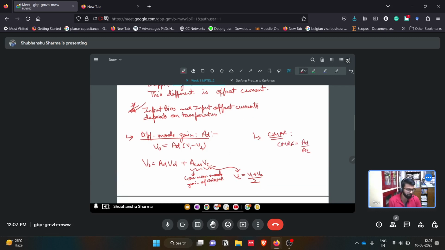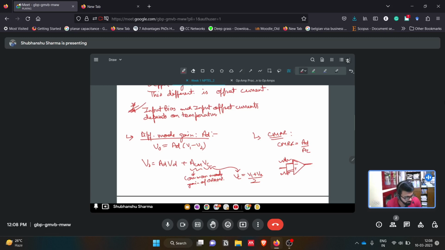So whenever we give some single-ended input to the op amp and want to amplify the difference of the input voltages, then AD, the differential gain, comes into the picture. But normally the noise in the op amp is common to both the terminals. Ideally it should reject this noise because it is common to both terminals, but practically it does not do that.